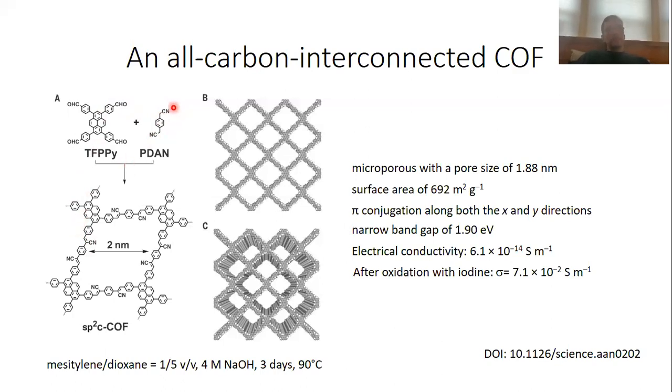So that kind of reaction can occur at both ends of this ditopic unit and at the four reactive positions of this tetratopic aldehyde, so that we basically form a two-dimensional square framework, in which we now have a completely conjugated system of carbon-carbon double bonds.